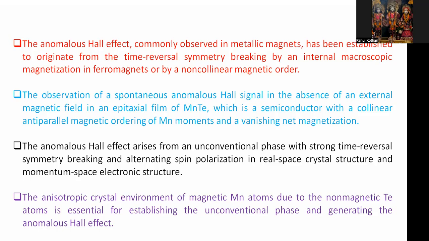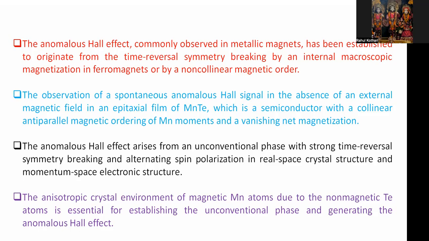So there is a Mn atom, then a tellurium atom, followed by another Mn atom, like this. Between two magnetic Mn atoms, or two manganese spins, there is a non-magnetic tellurium atom. That is why the net magnetization is zero. But this special kind of arrangement, the non-magnetic atom between two magnetic atoms, actually breaks one sort of crystal symmetry.